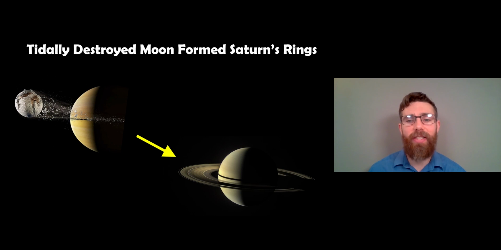Now, another one where it's not a full collision is a tidally destroyed moon. So with regards to Saturn's rings, they obviously have a very significant ring system compared to Jupiter, Neptune, and Uranus. Saturn's are fairly significant. And one of the ideas for how they got there was a tidally destroyed moon. So an object the size of a moon really, it came too close to the planet and the gravitational tides basically pulled it apart.